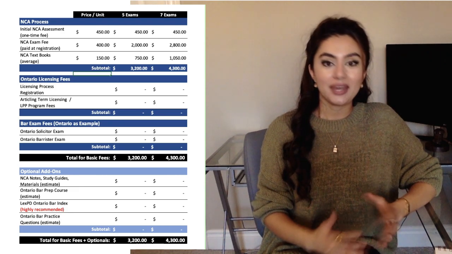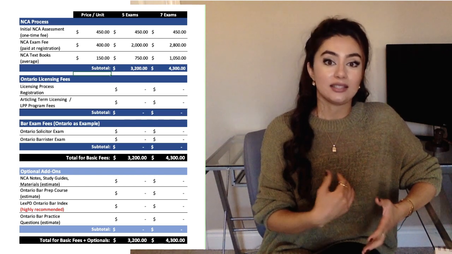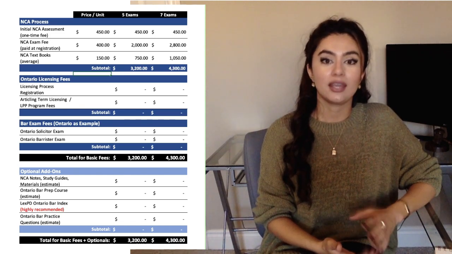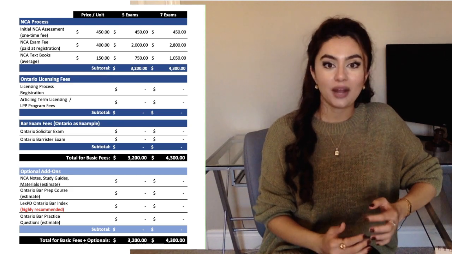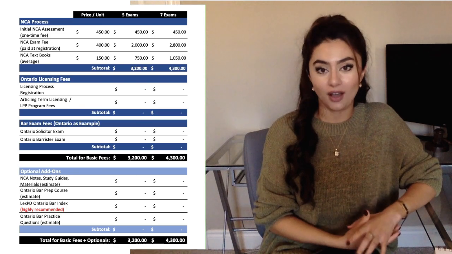Please be mindful though that every course has a different number of textbooks and different costs for each textbook, and this is just a ballpark range for how much you should anticipate to budget for the textbooks. You should also perhaps look at purchasing second-hand textbooks to help you when it comes to costs.